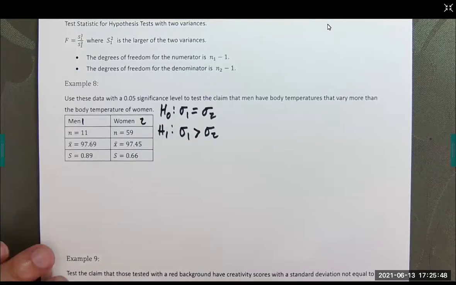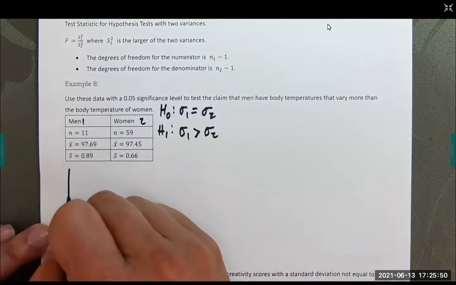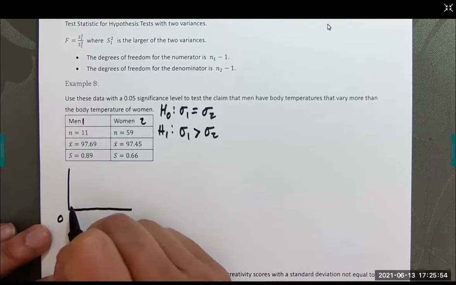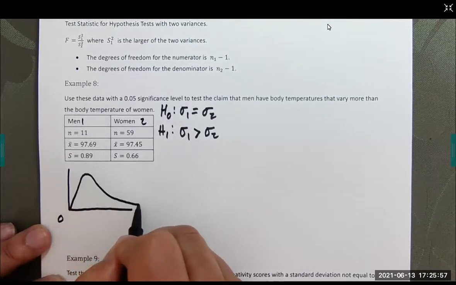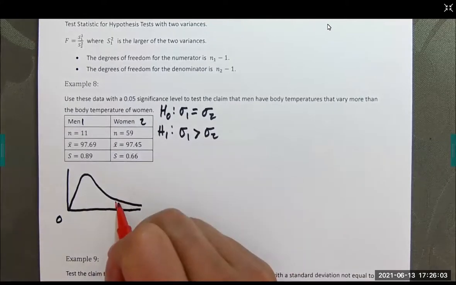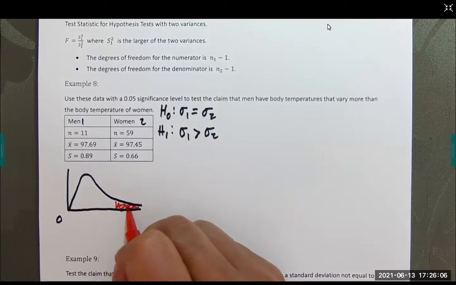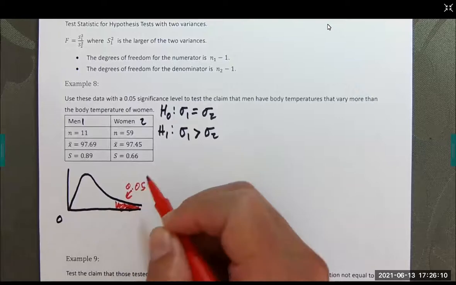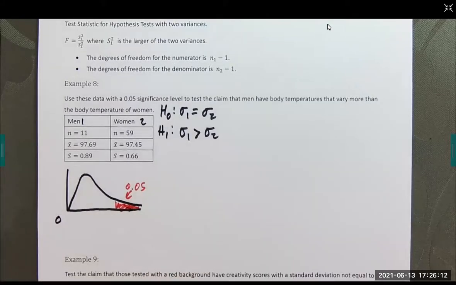Now, an F distribution looks similar to a chi-squared distribution in the sense of it starts at 0 and it is skewed. And it's a right tail, and this is 0.05. And we're not going to get the critical value. That's those tables I told you about, and I'd rather avoid those altogether. So we're just going to use p-value and the alpha to compare.